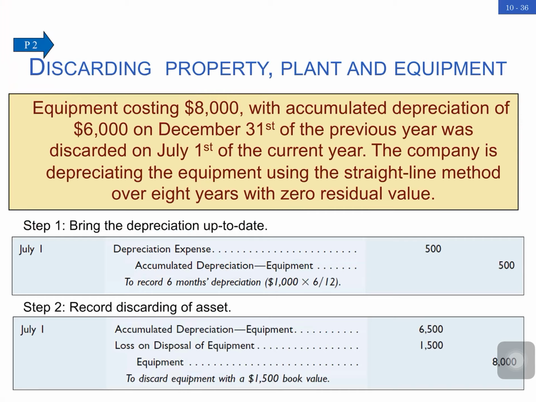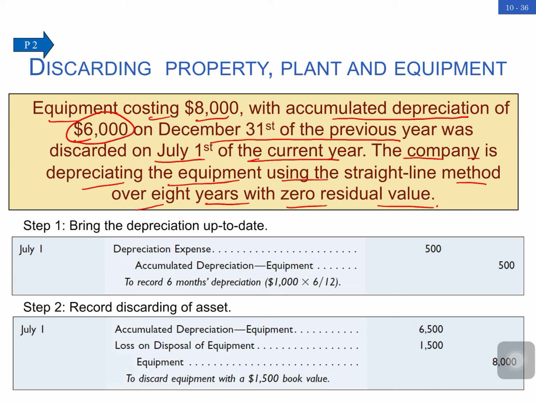And then here, scenario 2: equipment costing 8,000 has already been depreciated for 6,000 on December 31st of the previous year. And then the machine is discarded on July 1st of the current year. The company is depreciating the equipment using the straight-line method over 8 years with zero residual value.